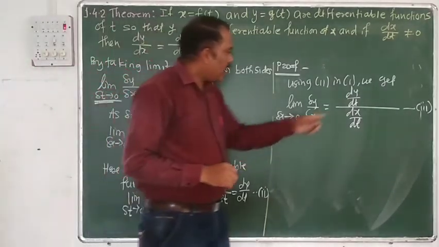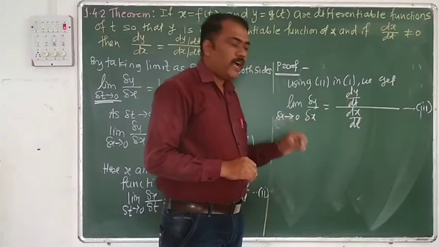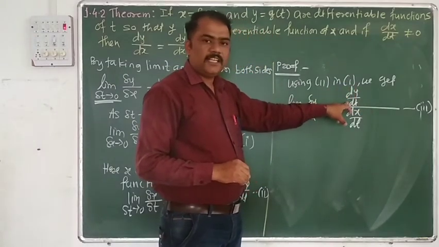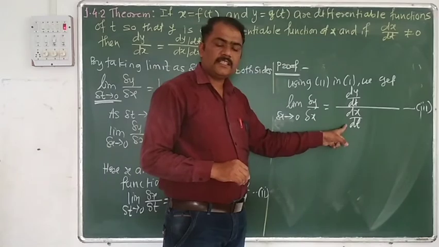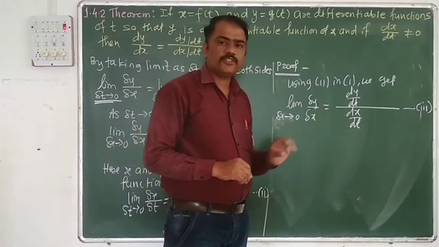Now the RHS of 3 exists. Why? Because the derivative dy by dt exists and the derivative dx by dt exists, so this ratio also exists.